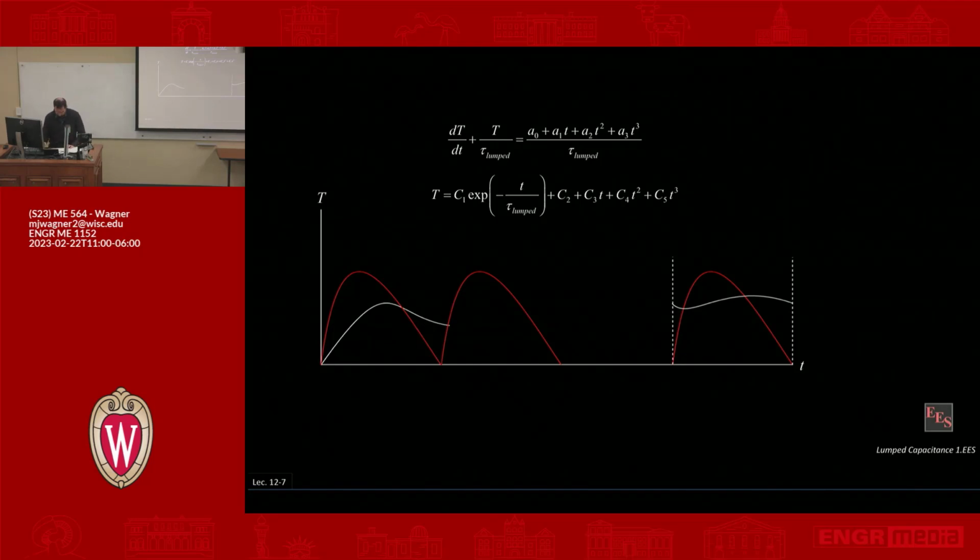All we're going to say is, instead of T at time equals 0 equals T initial, we're going to say that T at time equals 0 is equal to T at time equals t cycle, where t cycle is the end of this point here.